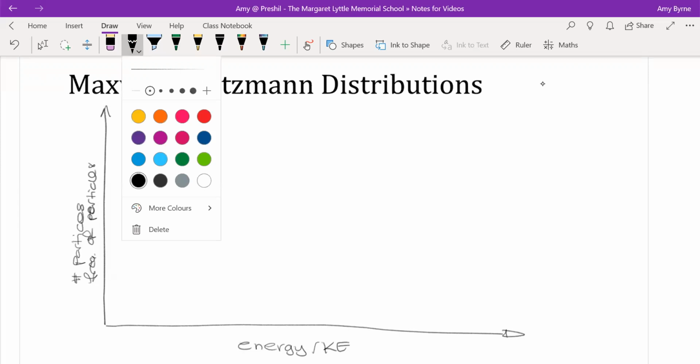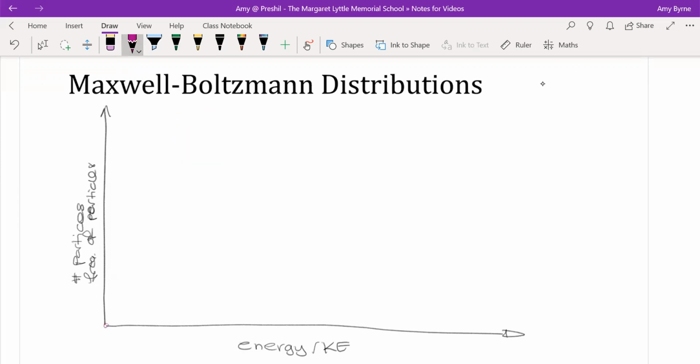So for the Maxwell-Boltzmann distribution, the points you need to know: it starts at 0, 0. You have 0 particles with 0 kinetic energy.